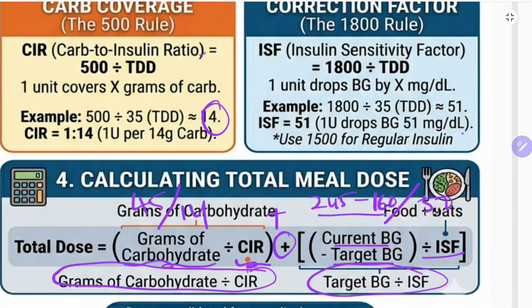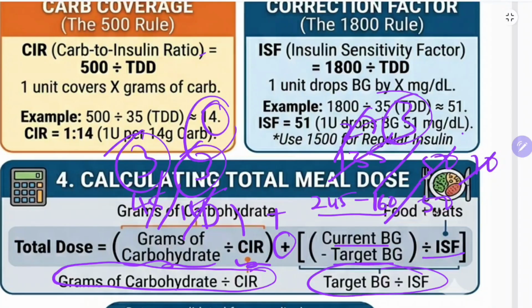So 240 minus 160 is 40, plus 45, so it is 135. So 135 by 50, you can take it as a rounded 15. So it is 3. That means the total meal dose is 6 units.